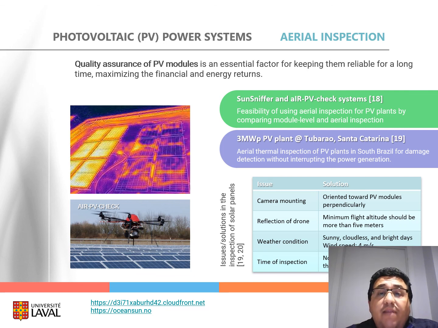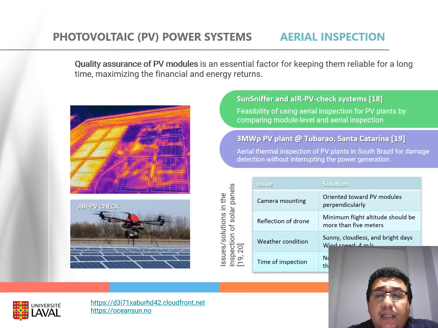One study investigated the feasibility of using aerial inspection for PV plants by comparing module level and aerial inspection in order to see whether aerial inspection can be beneficial. Also, we have one example of aerial inspection of PV plants that was conducted in South Brazil for damage detection without interrupting the power generation.